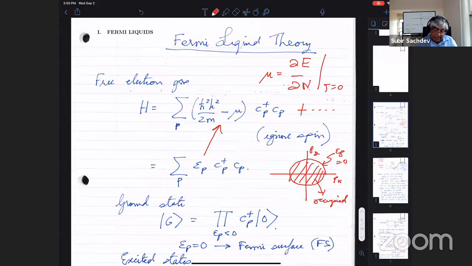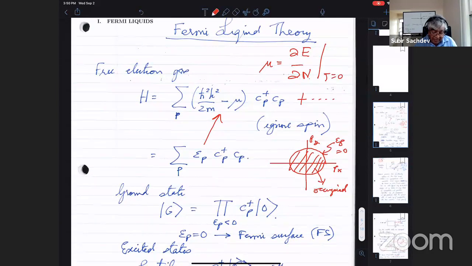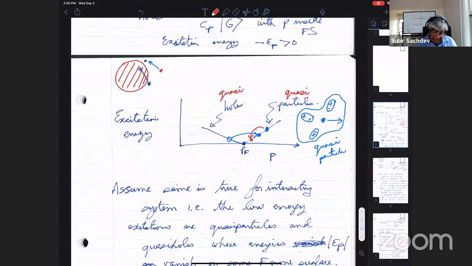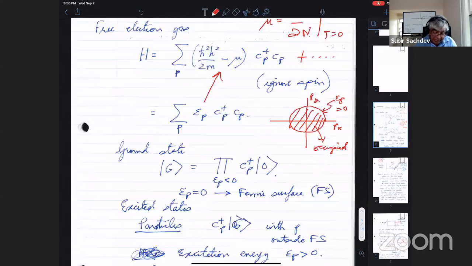Remember, what mu determined in this theory was where this energy went to zero. If mu is changed, the momentum P at which this goes to zero is going to change.